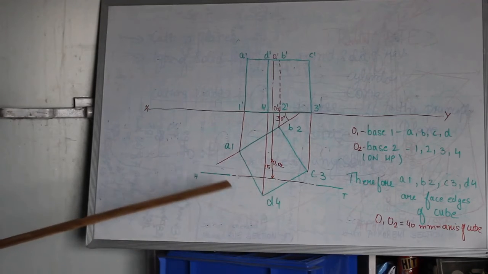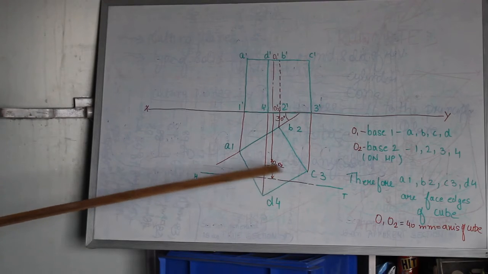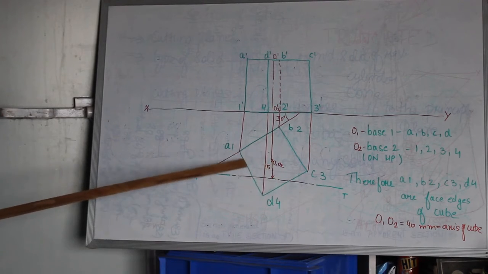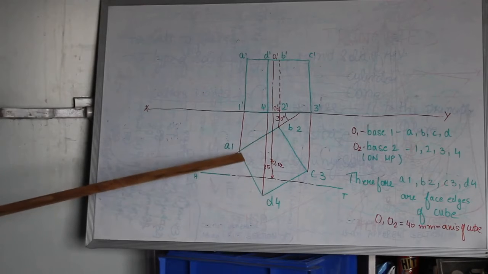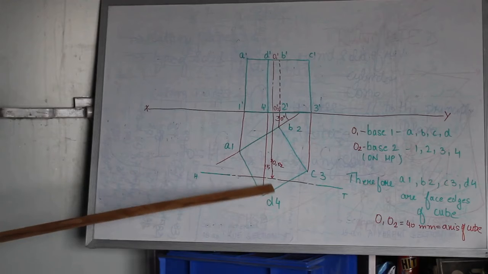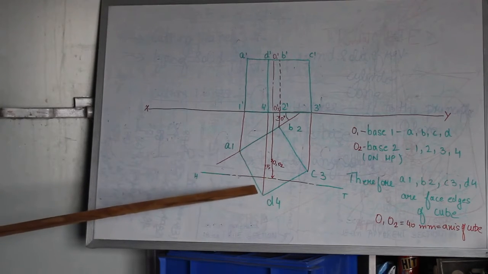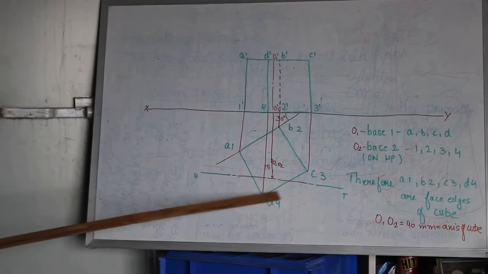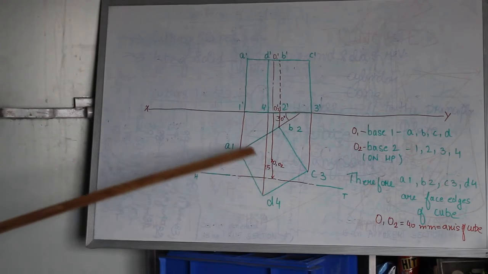So how do the cutting points come? When this line is passing through the face of the solid or the actual drawing, you can see this is the line we have drawn here. We are actually assuming this is the line and this is the line. These are the base edges of the solid, not the face edges, base edges of the solid.